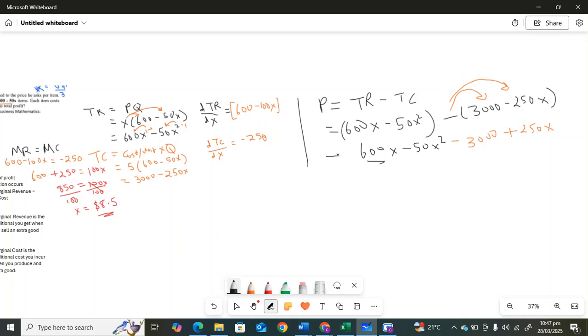So we have to rewrite our quadratic equation: negative 50x squared plus 600 plus 250x, that's 850x, minus 3,000.